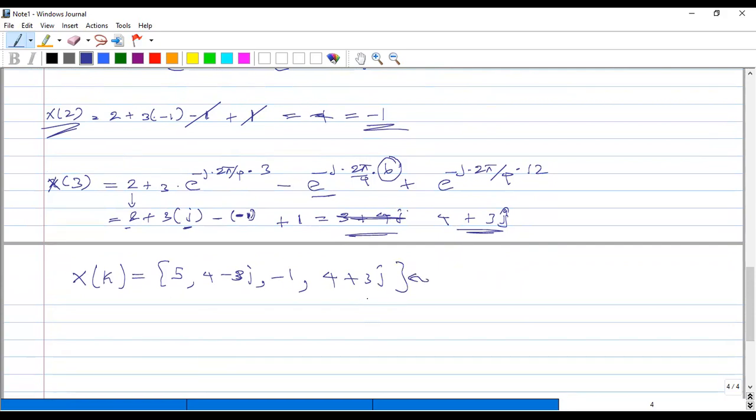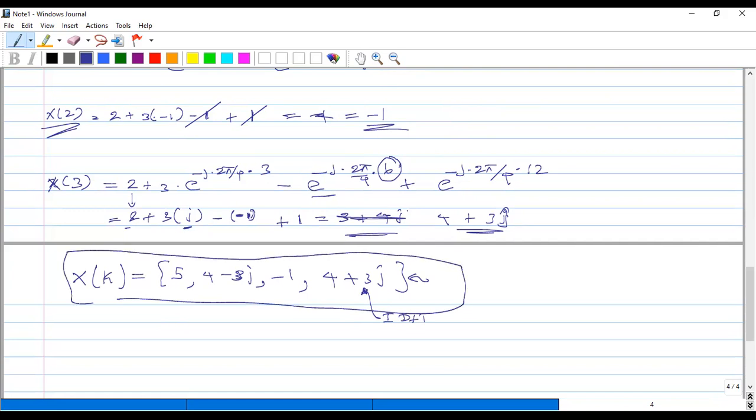So you can check whether you can get, if you perform the IDFT for this sequence, we should have xn.